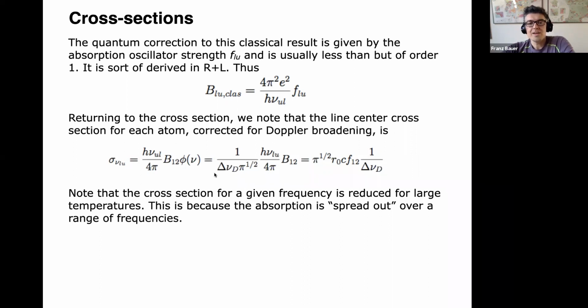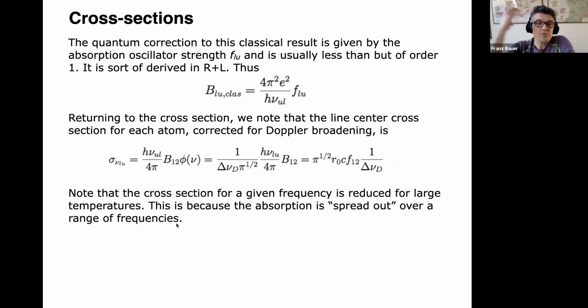And so we have this 1 over delta nu D. And if we now plug in our oscillator strength here, then this will look like this. And so we have our quantum correction, and we have a couple of constants, our Bohr radius, and then 1 over the Doppler velocity, the Doppler frequency shift.